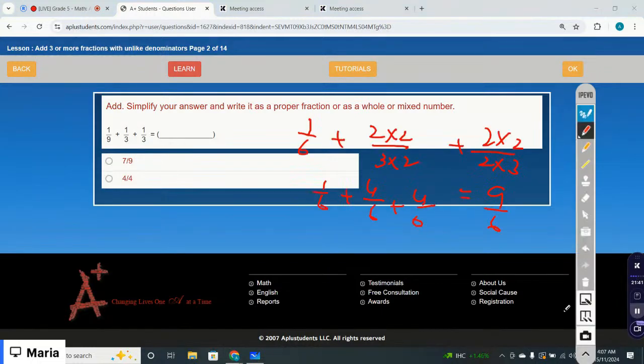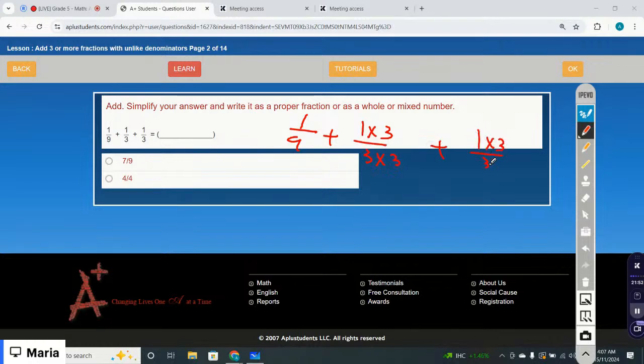Let's multiply these fractions by 3. That is 1 over 9, 1 times 3 divided by 3 times 3, 1 times 3 divided by 3 times 3. That is 1 by 9 plus 3 by 9 plus 3 by 9. So simply add their numerators. That is 7 over 9. The correct option is option number 1.